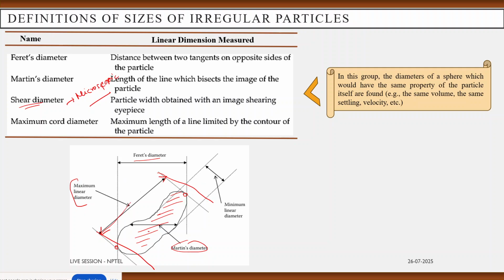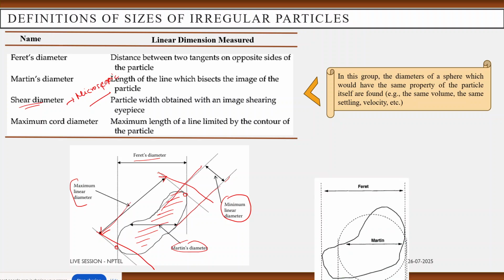Similarly, if we draw lines outside the boundary, that will be counted as the minimum linear diameter. For any irregular shaped particle, we define this kind of dimension measurement, and wherever it is applicable, we follow the same rule for analyzing the same sample.